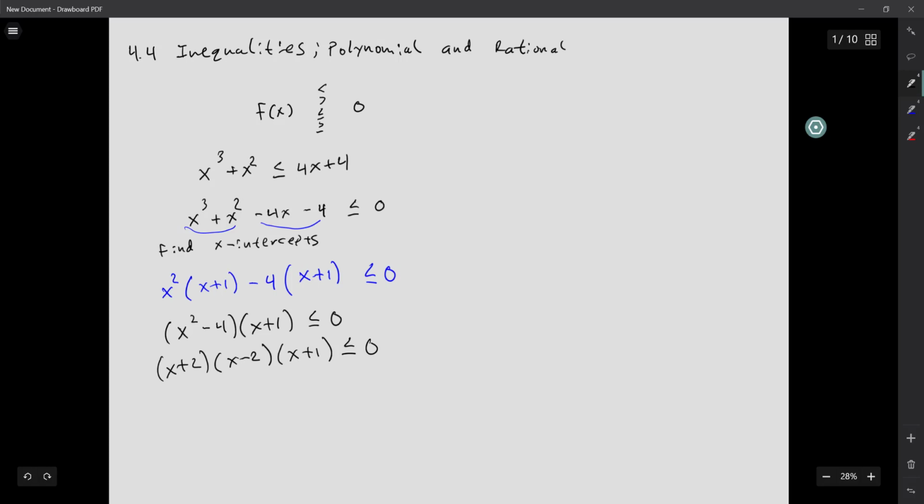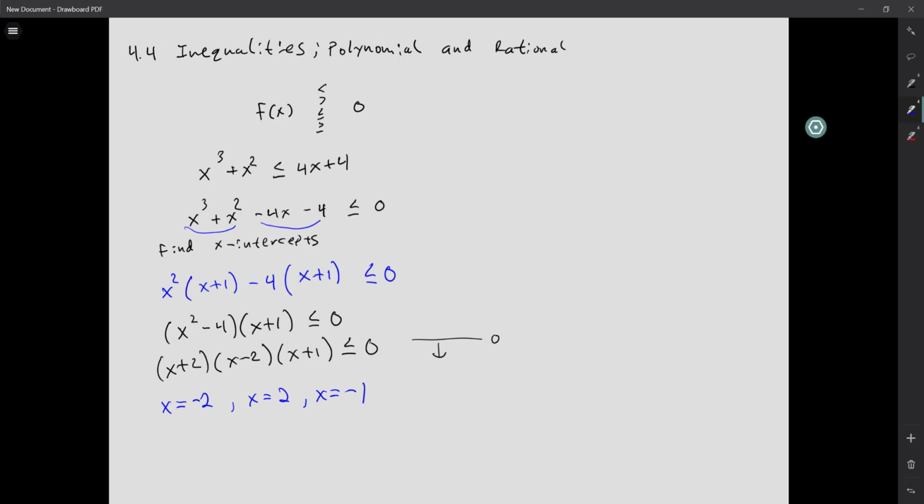And we are looking for when it is less than or equal to 0, or below 0 if I were to graph it. So my x-intercepts are x equal to minus 2, x equal to 2, and x equal to minus 1.